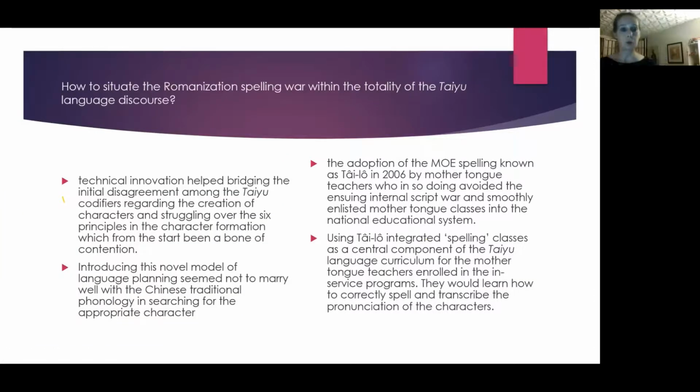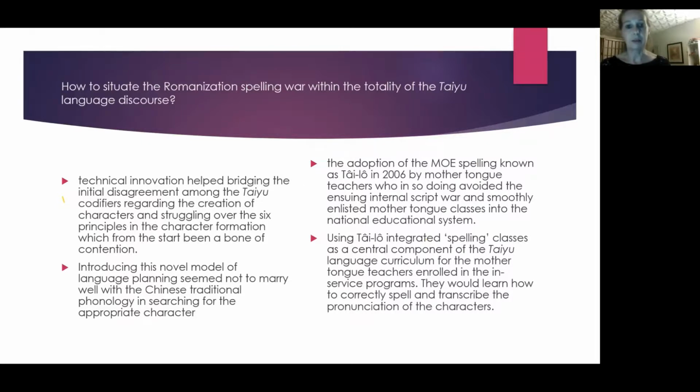Yeah, so I mentioned before there was this kind of Romanization spelling war within the totality of the Taiyu language discourse. And then we can ask, okay, you are all one group, you are pushing for this language, how come you end up fighting with one another and causing cleavages within your own group?